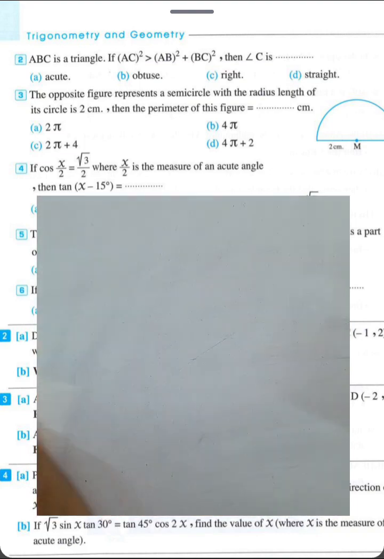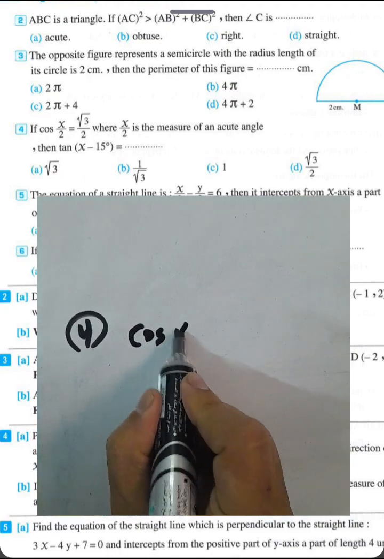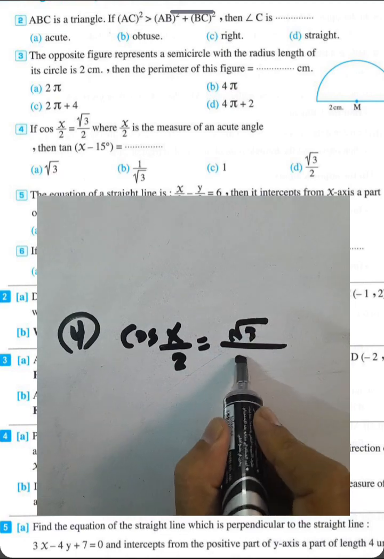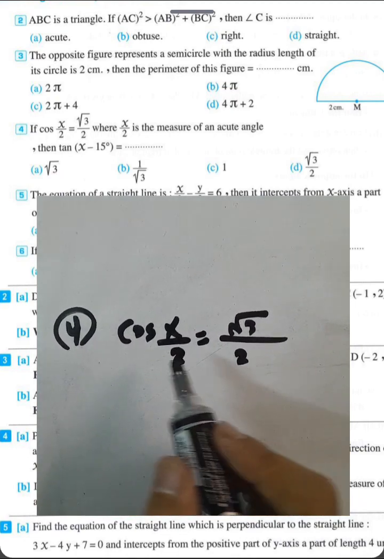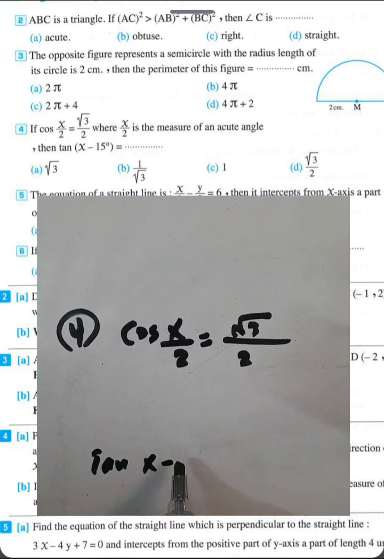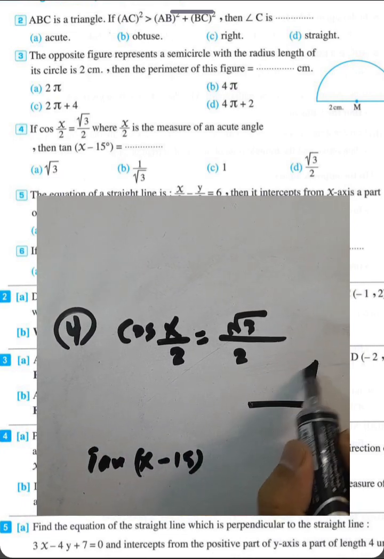Next example. Number 4. If cosine x over 2 equals root 3 over 2, you want to find tan of x subtract 15. Okay, first step, we can draw a right angle triangle here.